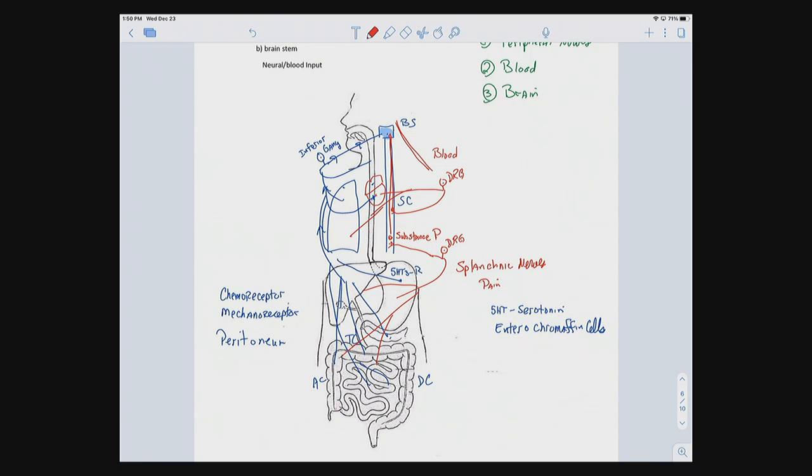The two big major players in the blood that can do that are going to be serotonin, which we know is 5-HT, and substance P.